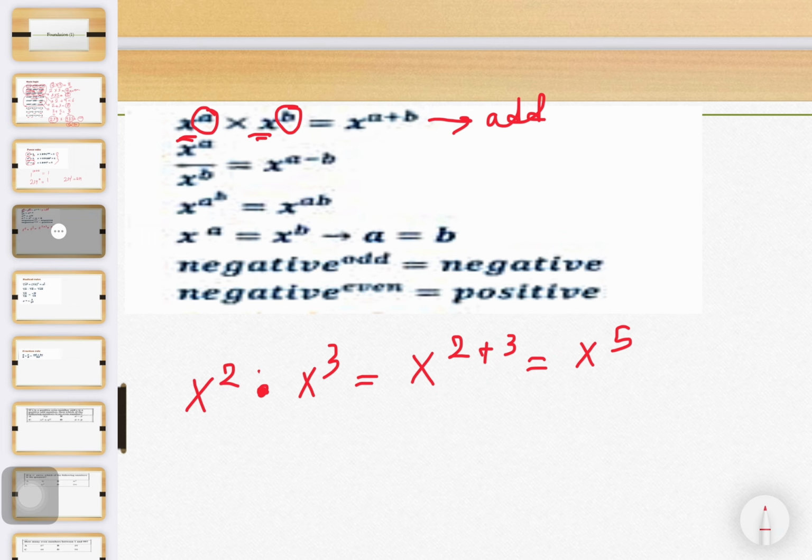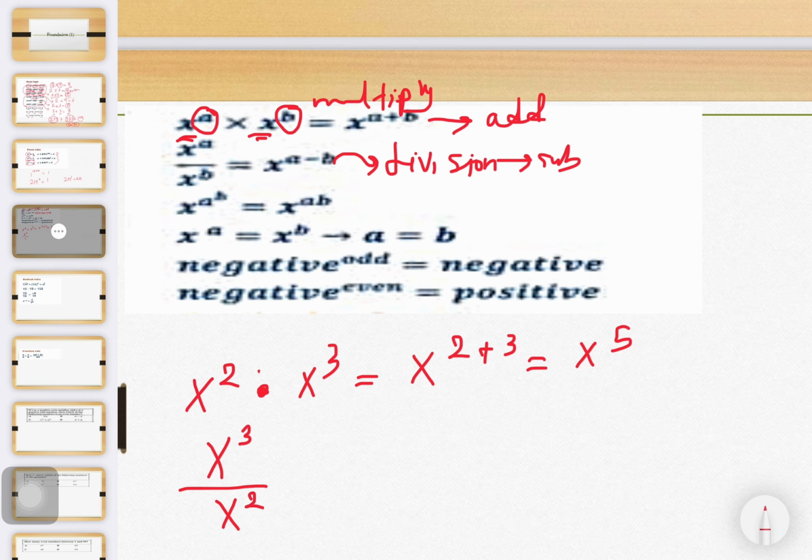So in multiplication we add. In division we subtract. So if I have, for example, x to the power of 3 over x to the power of 2, we subtract the powers, so 3 minus 2, which is 1. So in multiplication we add, in division we subtract.